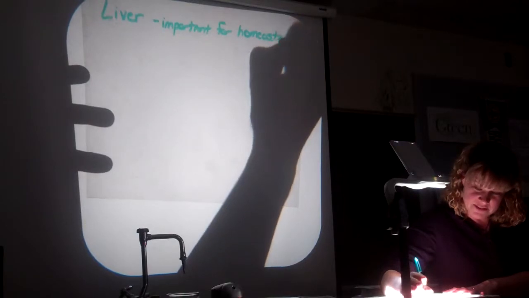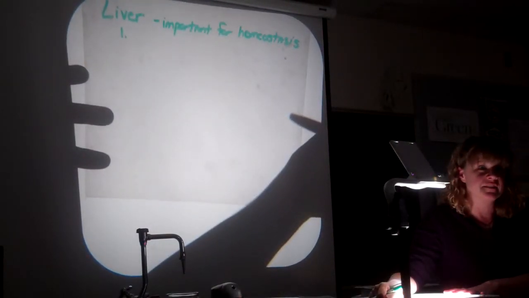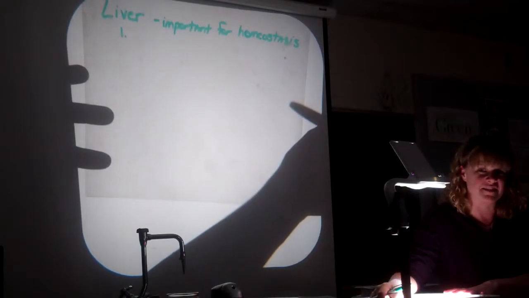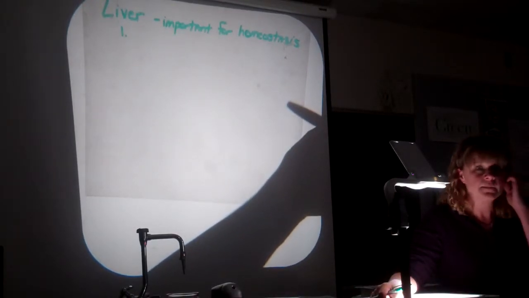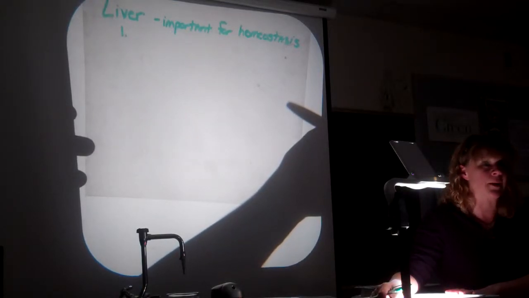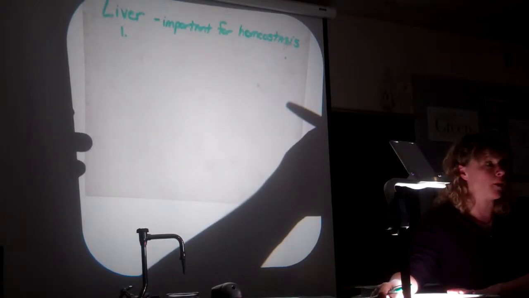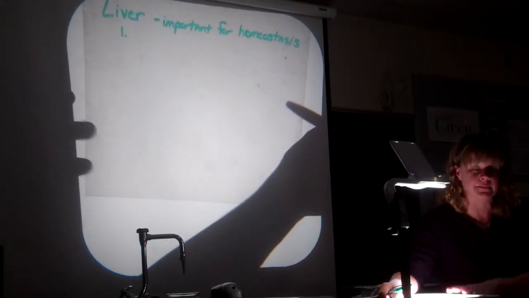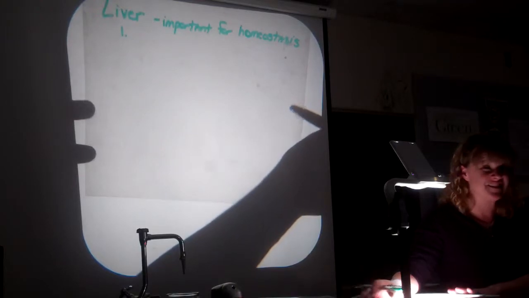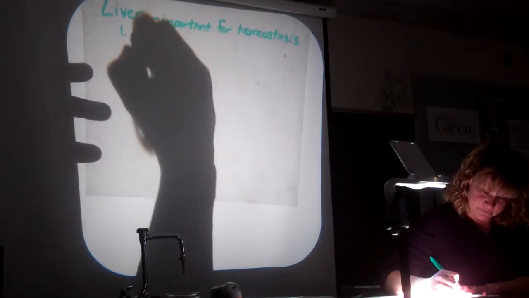The weird thing about the liver is it does a lot of different things. You have a lot of organs in your body, but they all usually have just one or two jobs. Your heart pumps blood. Your pancreas makes some hormones and some other enzymes. Your liver does a lot. Here's what I mean by that.